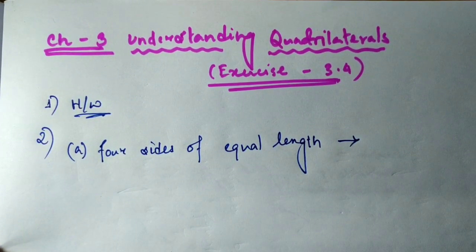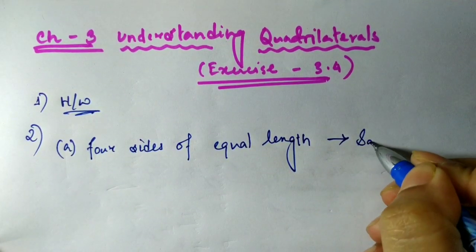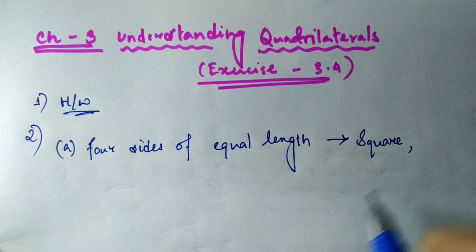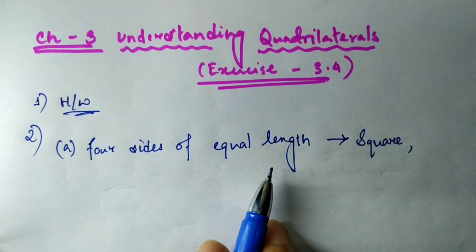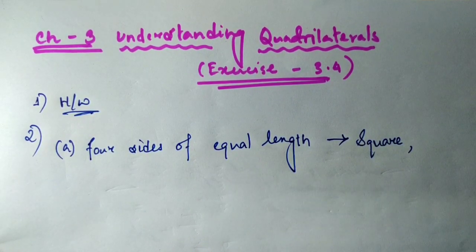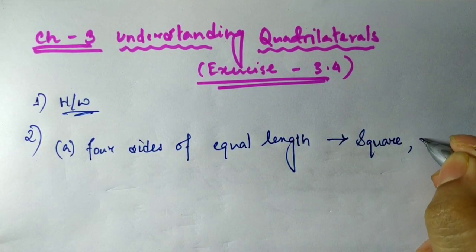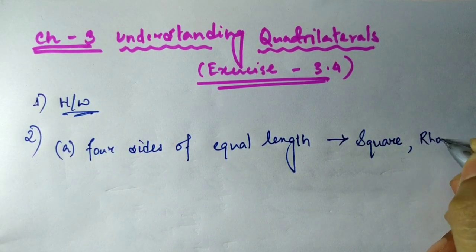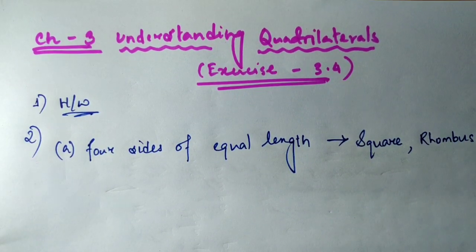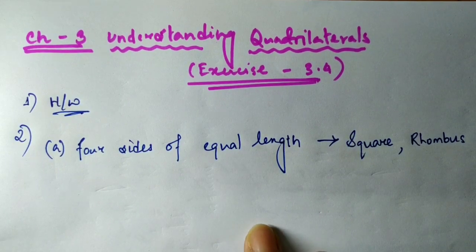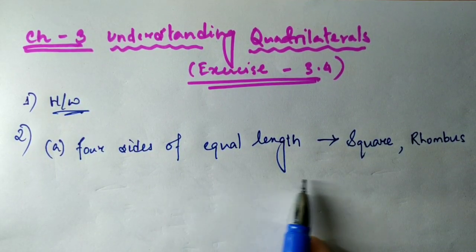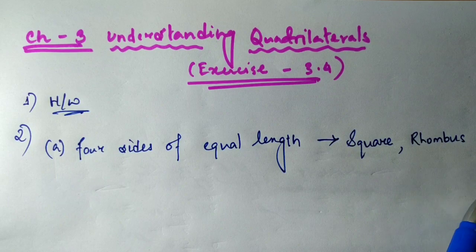The first one that comes to your mind obviously will be a square. A rectangle cannot have 4 sides of equal length, neither a parallelogram nor a trapezium, and the other one can be a rhombus. So the quadrilaterals that have sides of equal length are square and rhombus.